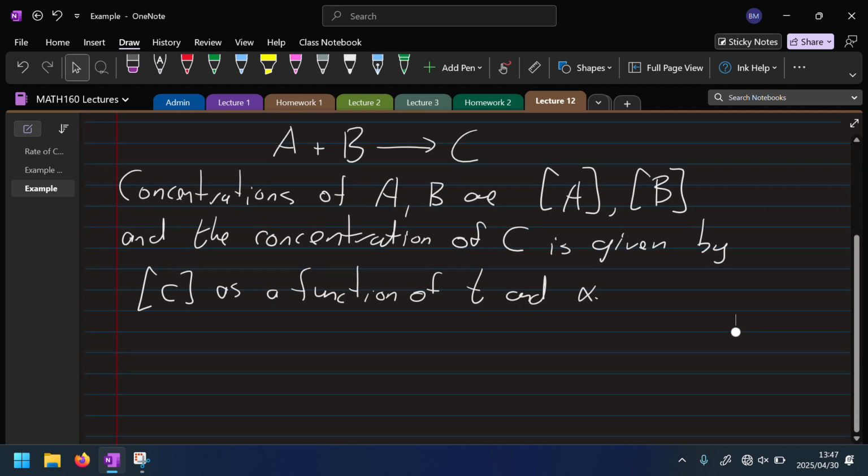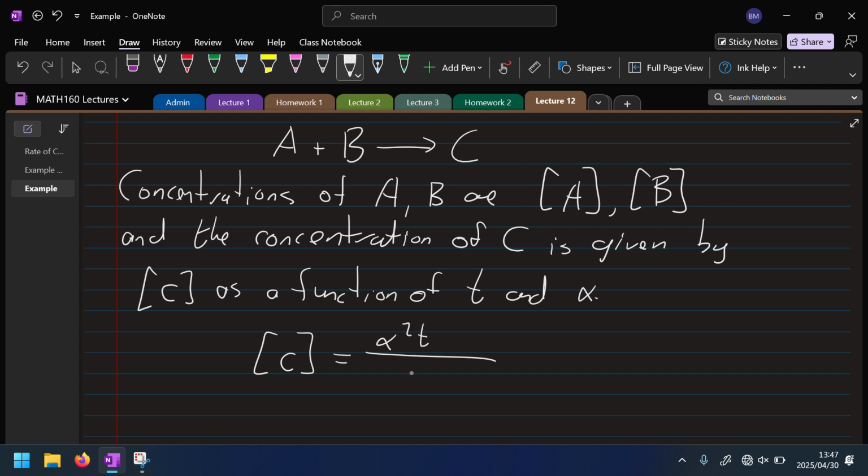As time goes on, the concentration will change. And we've got this equation for the concentration of C. C is given by alpha squared t over alpha t plus 1. That depends on whatever the chemical is. You end up with this equation.